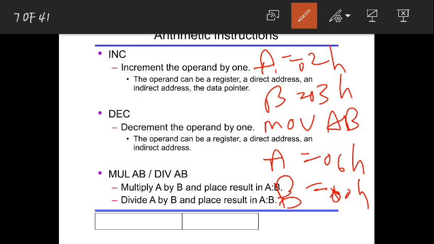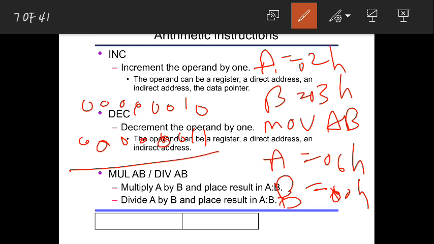Generally this multiplication works as follows. If A is equal to 02, you take the complete 8 bits, that is 00000010, which is 2. For 3 you have 00000011. When you multiply them, you multiply once with this 1, and when you multiply with 1 you get the same value.